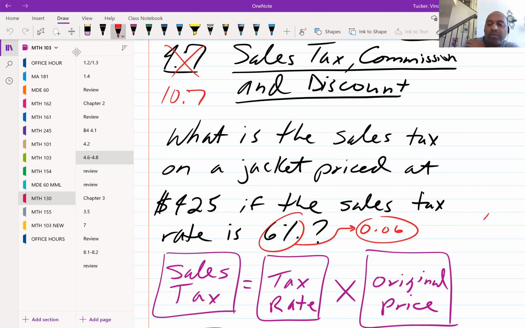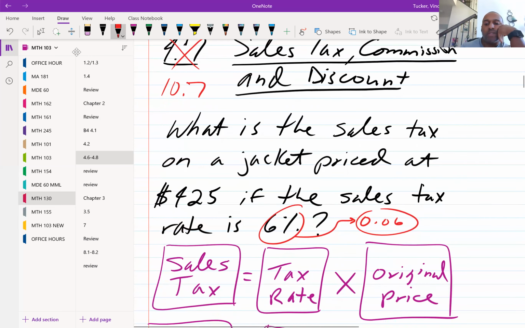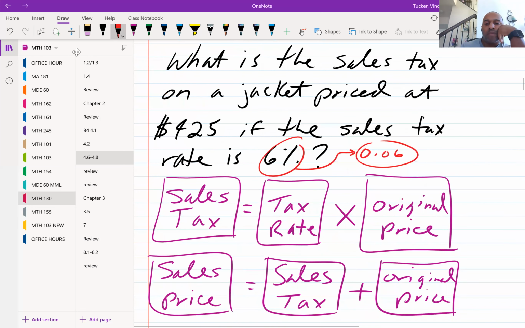We see here in the purple, we have our sales tax formula. In order to calculate the sales tax, you take the tax rate, which in our case is 6%, and multiply it by the original price. And then if you want to find the sales price, we take that sales tax that we just calculated and add it to the original price.